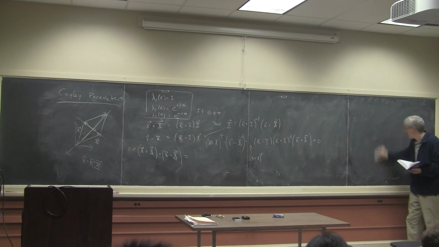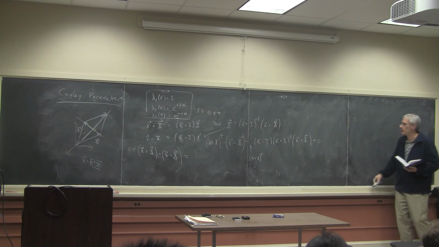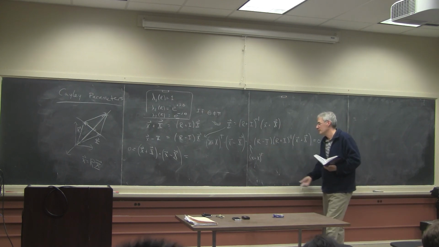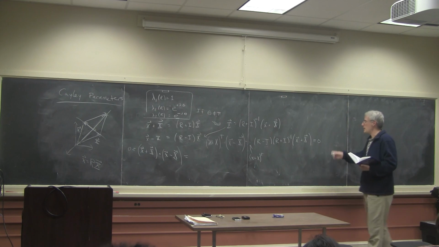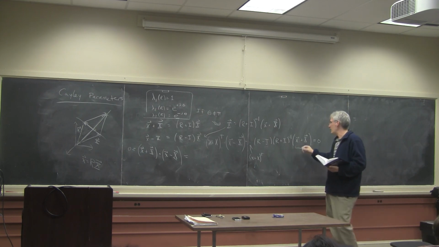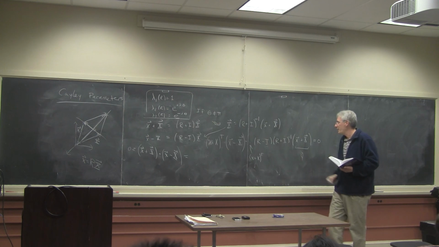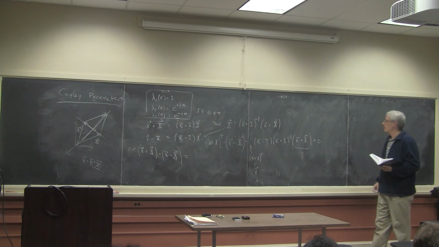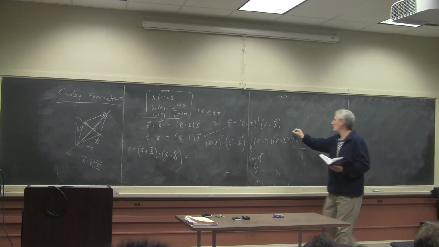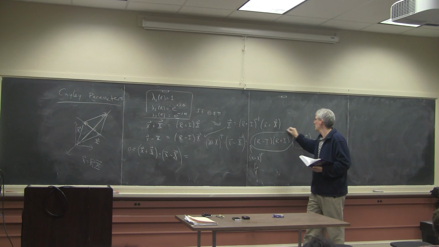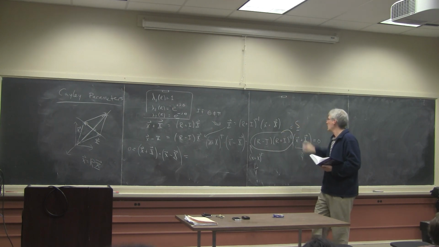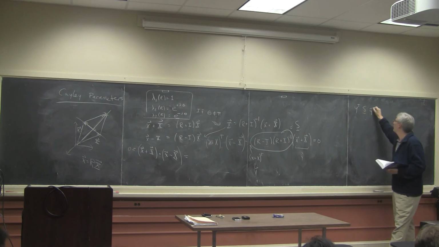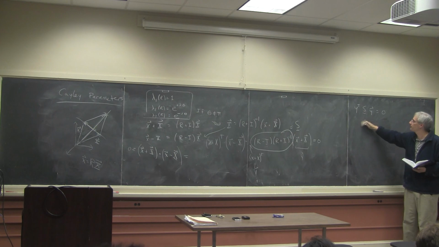Okay? Now, the whole reason for this construction is because it says something about R. And so let's rename things. Little x plus capital X, we could call that Y. So this is Y. And this matrix right here, I'm going to call that S. So what we have is the equation Y transpose S Y is equal to 0.